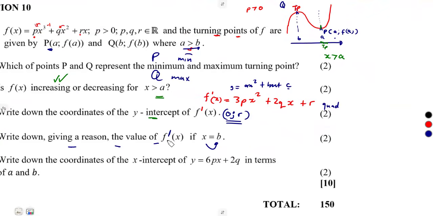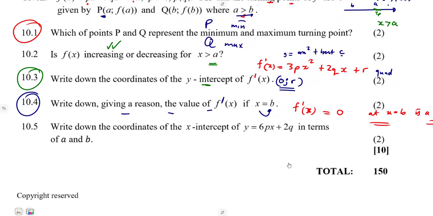So what do we know about this? At b, it's a turning point, so the first derivative is equal to 0. We don't need to calculate that. We know it. It is equal to 0, since x equal to b is the value of x at the turning point, and at the turning point the first derivative is equal to 0. So that was it, just like that, guys.